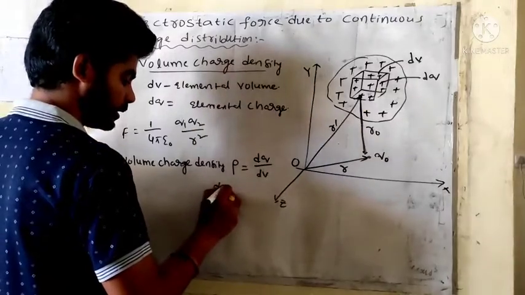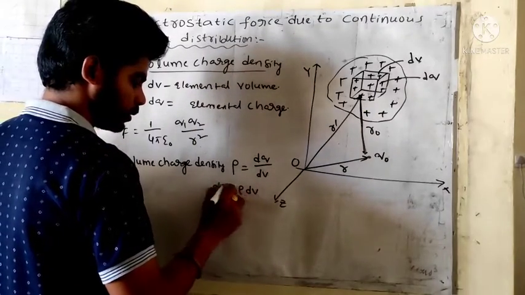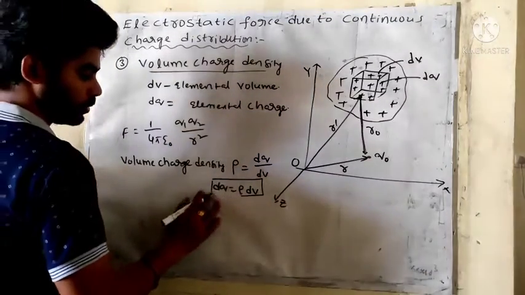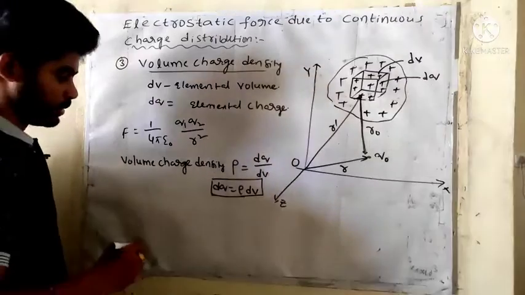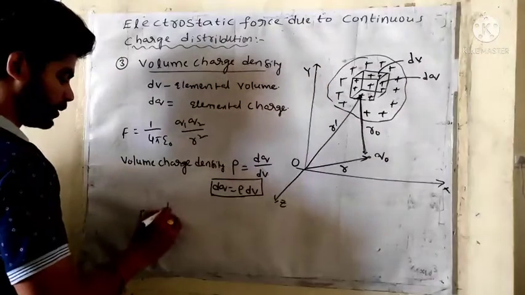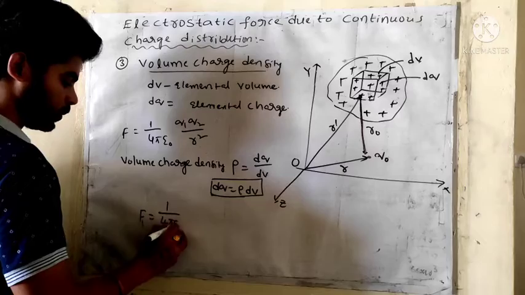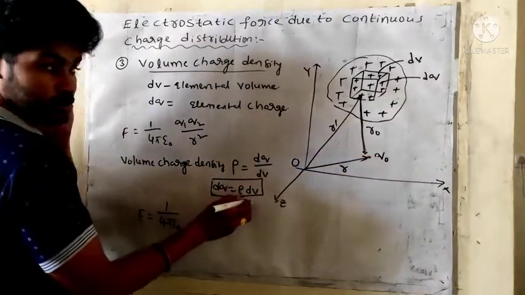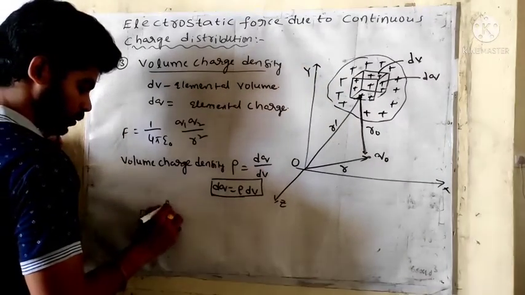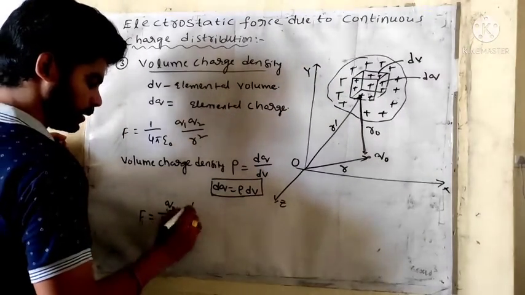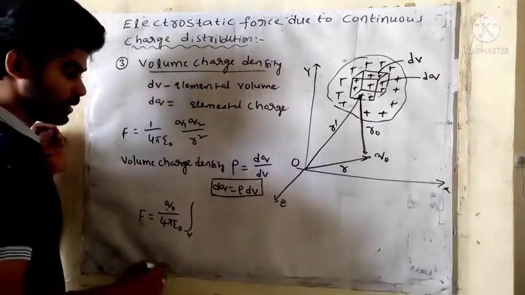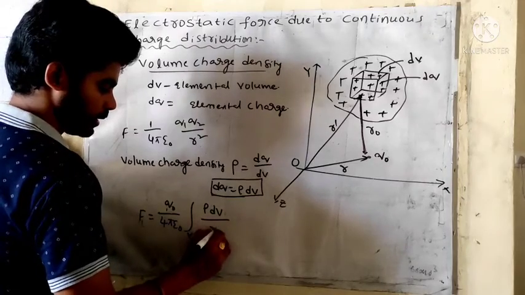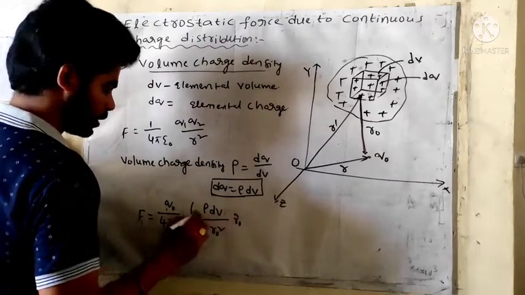So dq is equal to rho into dv. Now apply here: F is equal to 1 by 4 pi epsilon naught, q1 is q naught, q2 is rho into dv, so q naught integral of rho dv by r naught square into r naught cap.